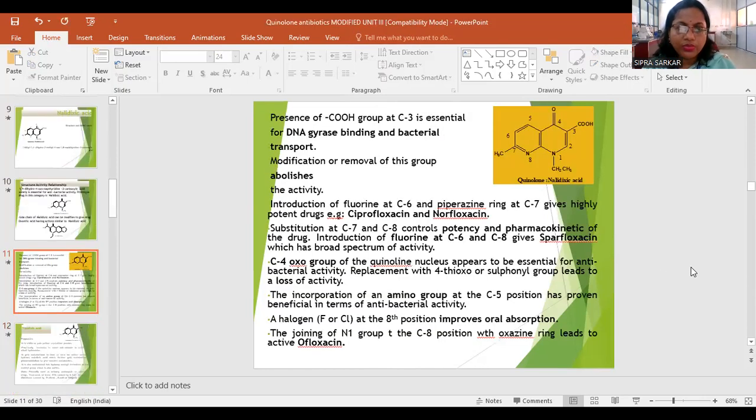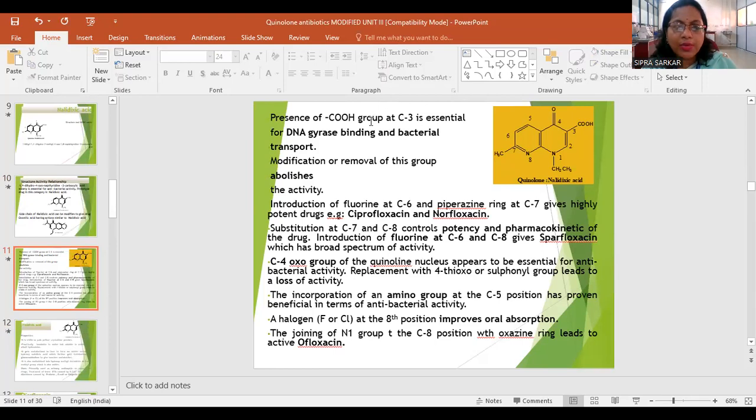The presence of the COOH group at the 3rd position is very essential for DNA gyrase binding and bacterial transport. Modification or removal of this group abolishes activity. That means if the 3-carboxylic acid group is modified, the activity will be lowered.